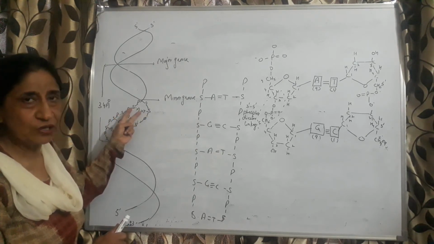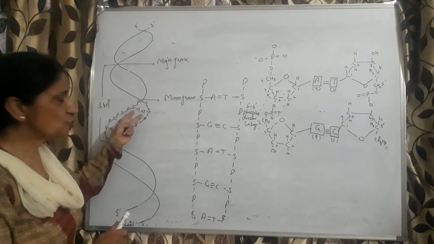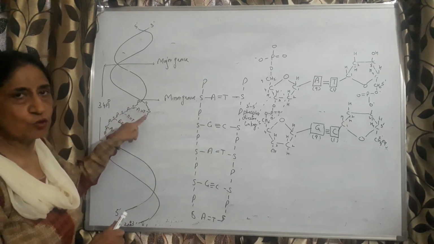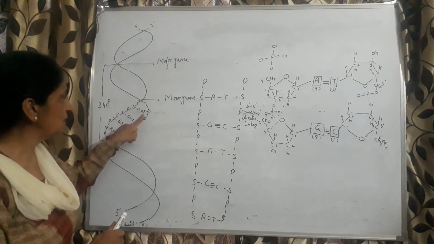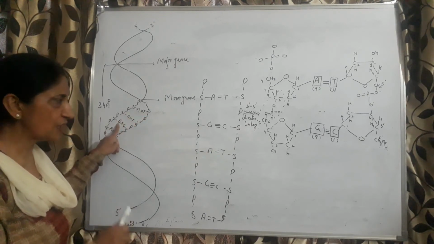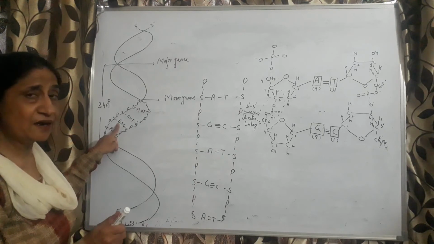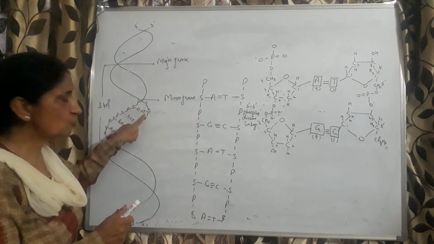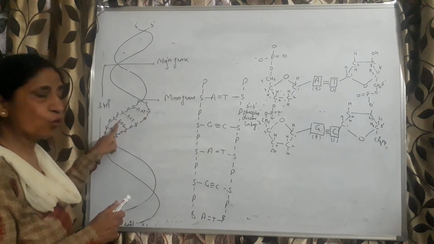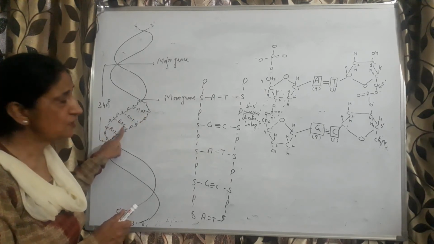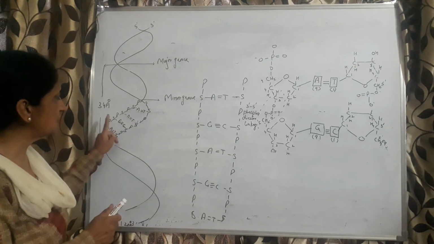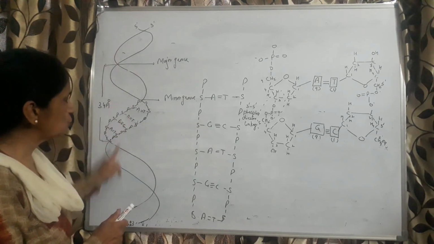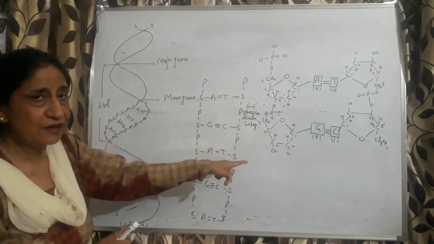We have studied their molecular formulae. The position of side groups, that is carbonyl group and amino group, is such that adenine forms hydrogen bonds with thymine and guanine forms hydrogen bonds with cytosine. That's the reason there is always complementary base pairing, and how these two chains run in anti-parallel direction.